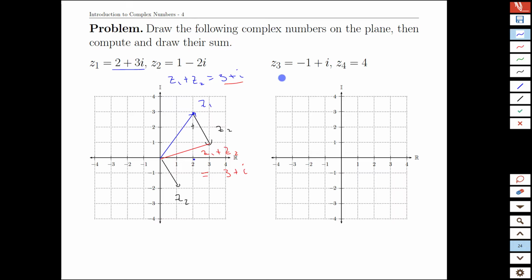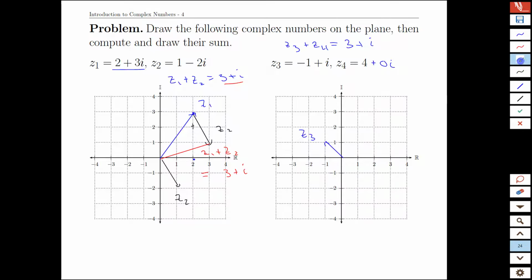And just to quickly reinforce that here, let's take z3 plus z4 and we'll do it algebraically. -1 and 4 for the real parts, so that'll be 3. And there was an i, and there's no i's here, so we just leave it alone. We get 3 plus i. Drawing those out on the plane here, let's draw z3 first, -1 plus i, so that guy there. z3, and z4 is just along the axis.